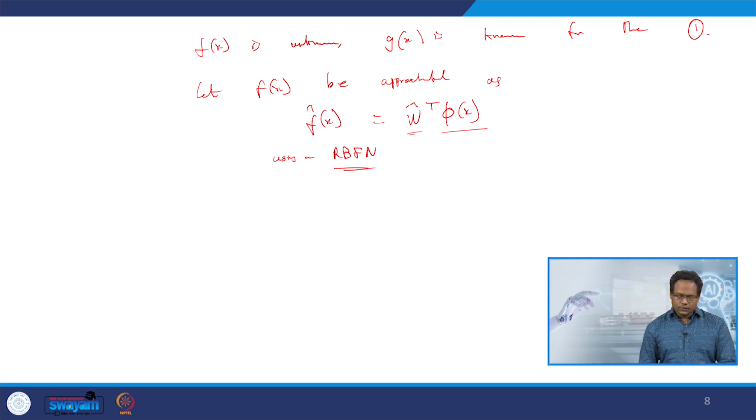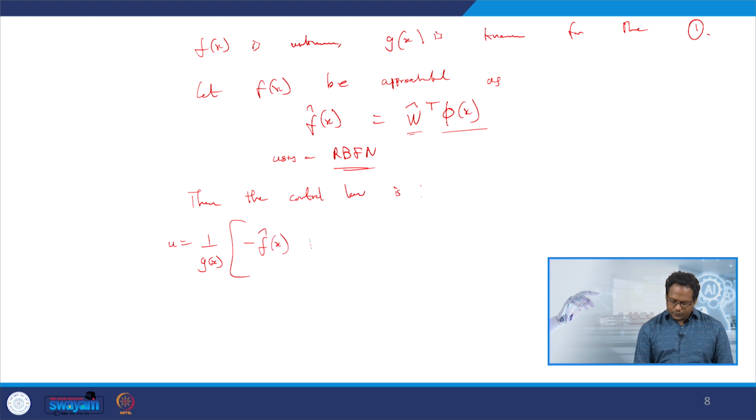Now the control law is given by u equal to 1 by g of x multiplied by minus f hat of x plus kv into r plus lambda 1 into the n minus 1th derivative of the tracking error plus lambda 2 into the n minus 2nd derivative of the tracking error, and it continues, lambda n minus 1 into the first derivative of the tracking error plus x n d dot.